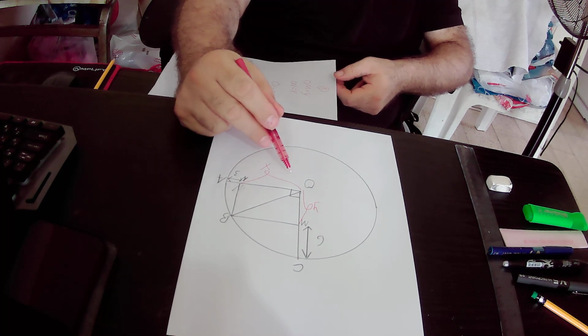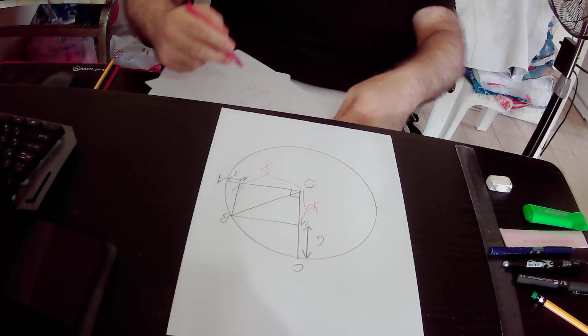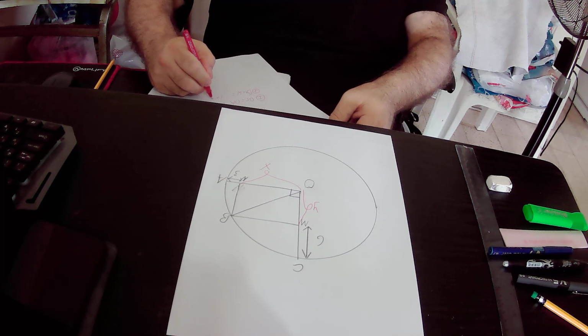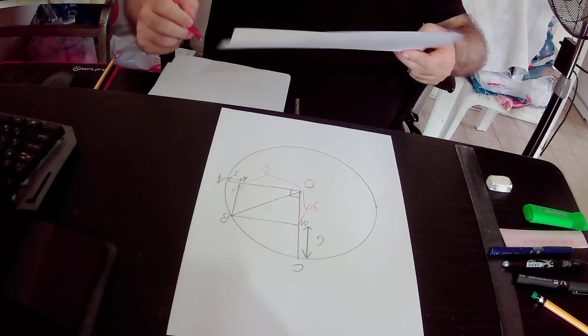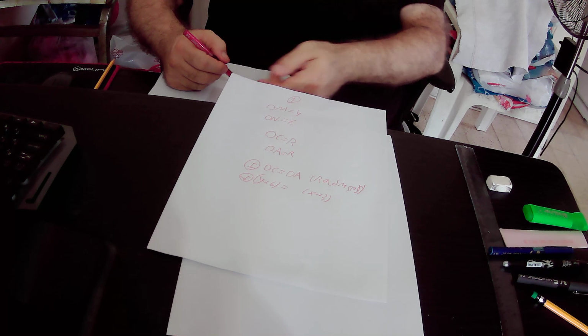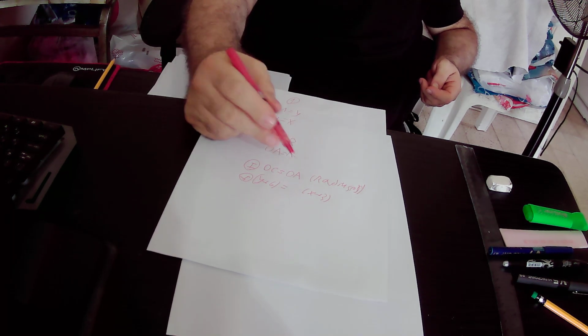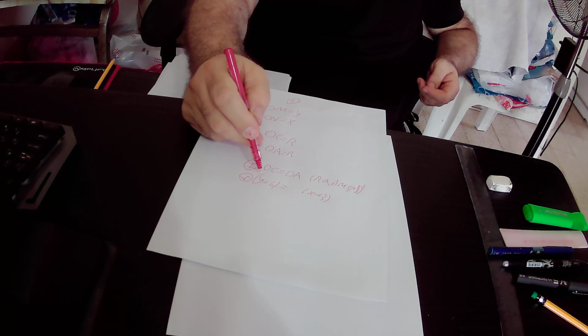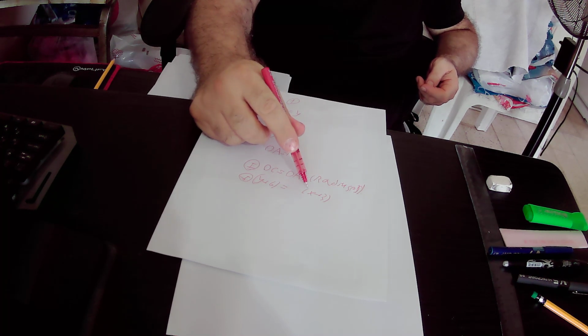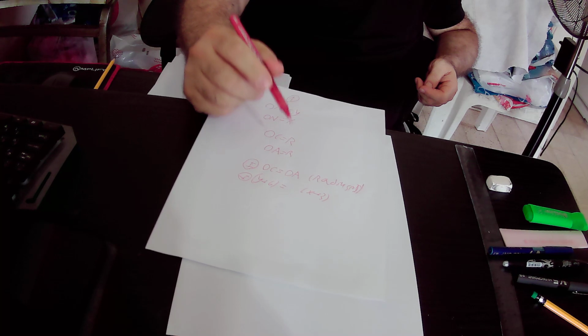So we can substitute OA by x plus 3. Okay, so in the first equation we got that y plus 6 equals x plus 3 because OC equals y plus 6 and OA equals x plus 3.